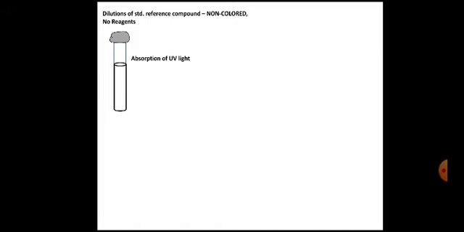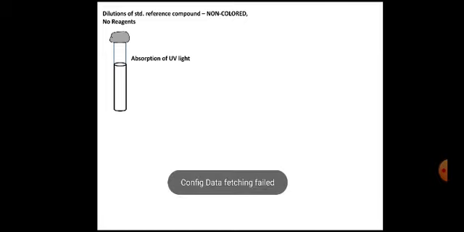The product is non-colored and there are no reagents available that can convert this product into a colored compound. Still, some compounds have the ability to absorb shorter wavelength light. Shorter wavelength light means ultraviolet light. It is the property of certain compounds.